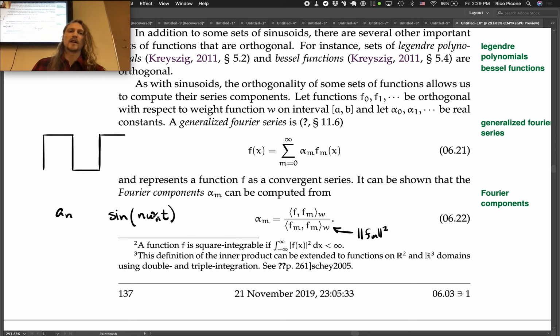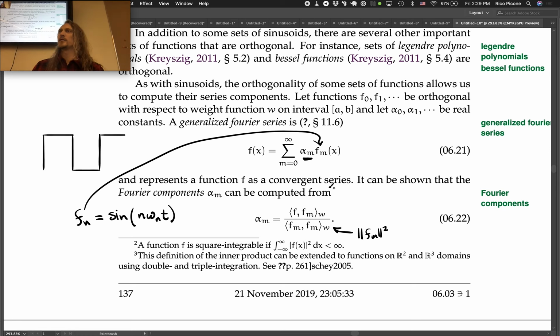This would have been our f sub n in this case. Then we wanted to compute, for that f sub n, what is the coefficient of it. We want to know what alpha we need to multiply it by to represent this function.